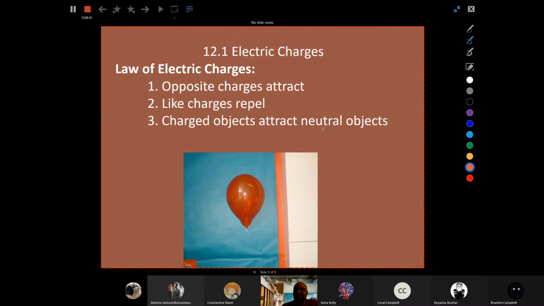We hadn't really talked about neutral here. We've got a balloon sticking on the wall. The wall is neutral. You charge the balloon by rubbing it on your head, and it becomes charged, and then it's actually attracted. We're going to discuss this idea a little more tomorrow, actually. So we've got something to look forward to.